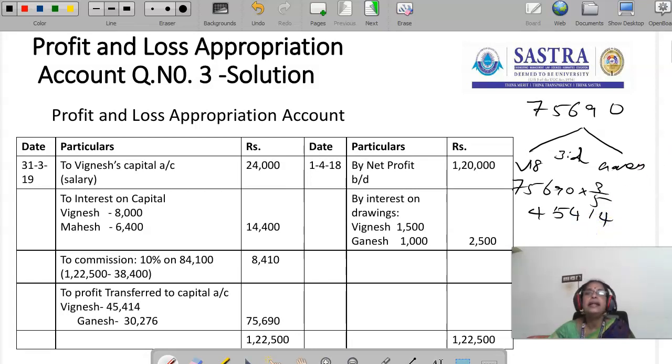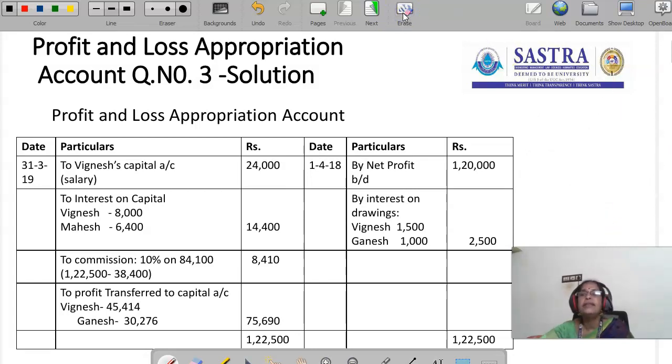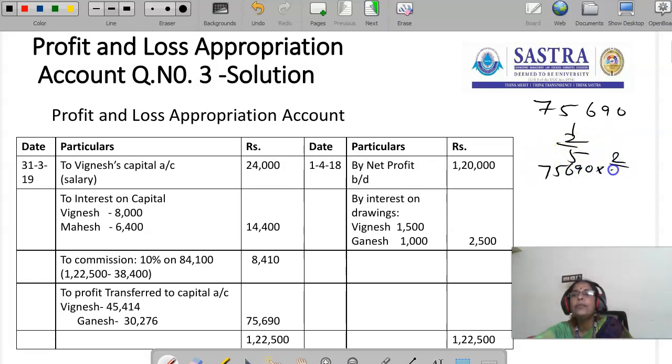And Ganesh will get how much? Ganesh's share is 2/5. So his share is 75,690 into 2/5. So in this way we have to prepare the P&L appropriation account.